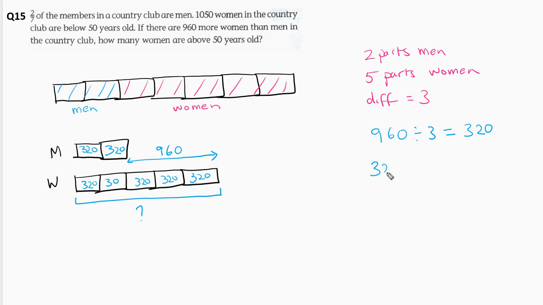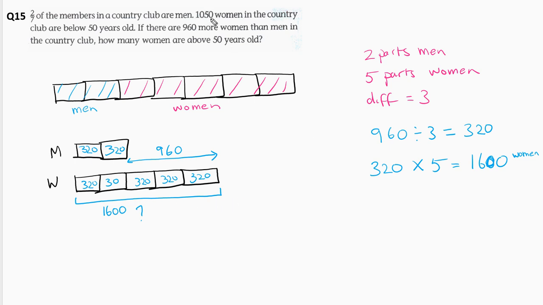So 320, okay, times 5 gives us 1,600. Now, I've not done that zero very well. I'm always telling my pupils often. All right, so that's 1,600 women. And it's good if you're doing multiple calculations to make sure you keep track of what these numbers mean. So I'm going to fill that in here as well. 1,600, that's all of the women.